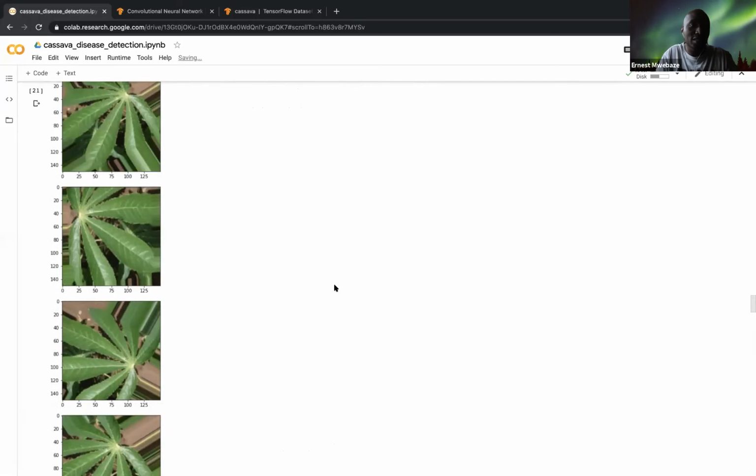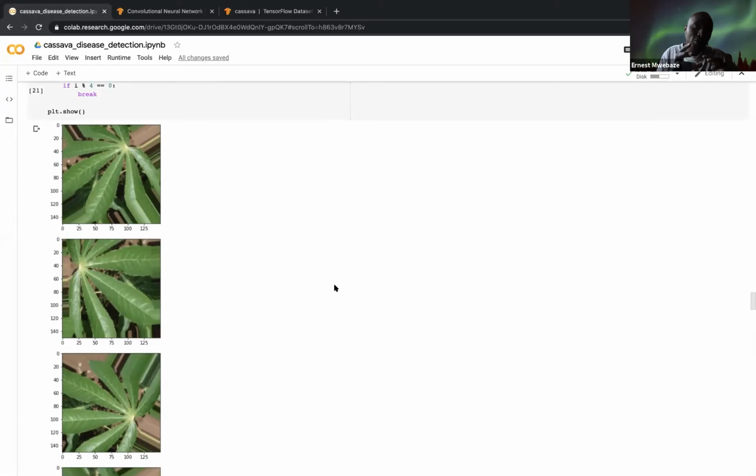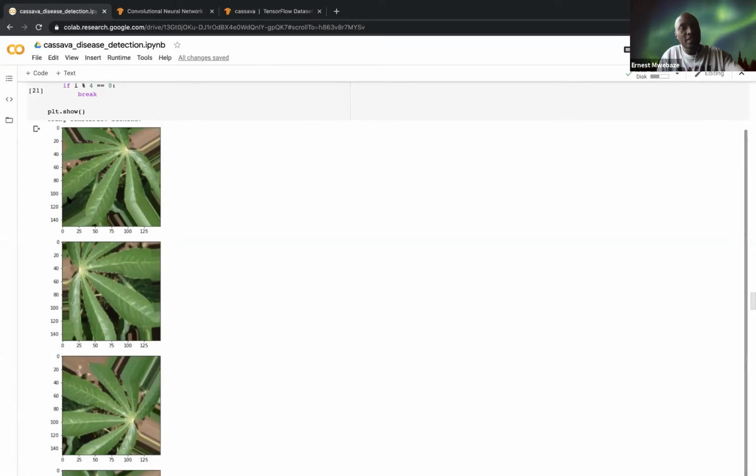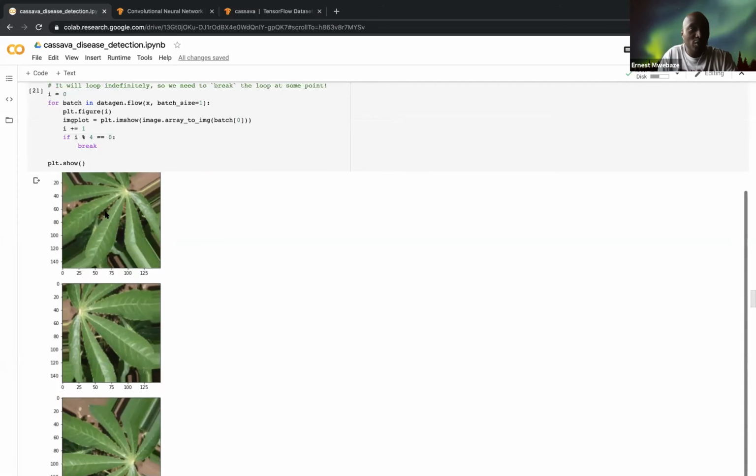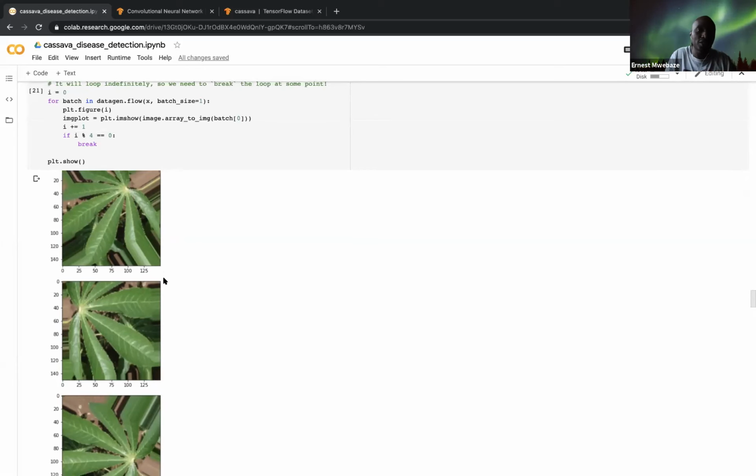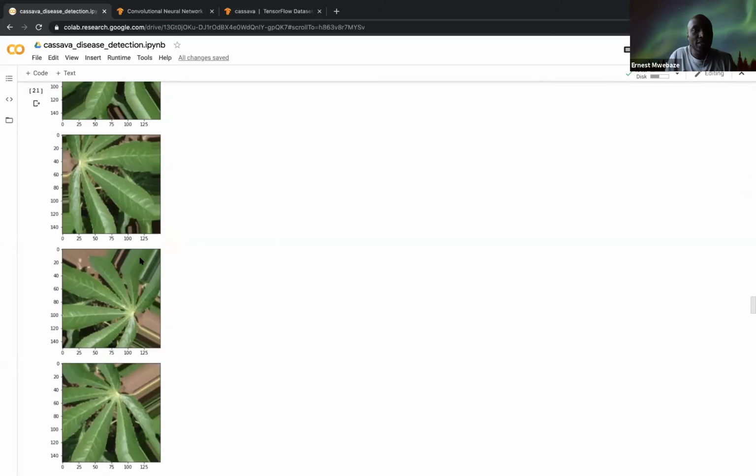So this is the same image. If we get the same image and pass it through this data gen, so you can see this image, I don't know what the original image was, but if you look at image 1, here it has been horizontally flipped. The second image seems to have been horizontally flipped. You can see these things at the edges. So it's been sheared or shifted a bit. These things here, if they were empty, it fills them with the nearest pixels.